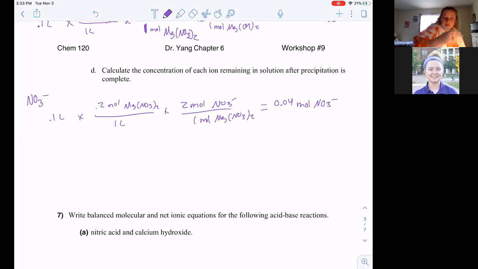And then the volume is 0.2 liters, so we divide by 0.2 liters, and we have 0.2 molarity of this.